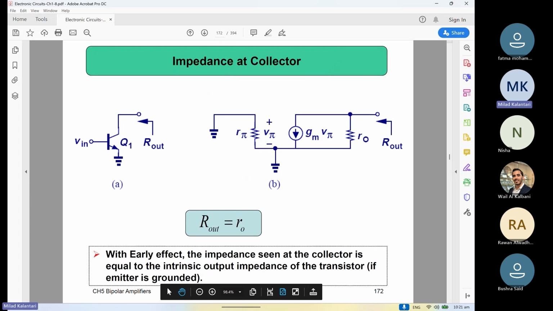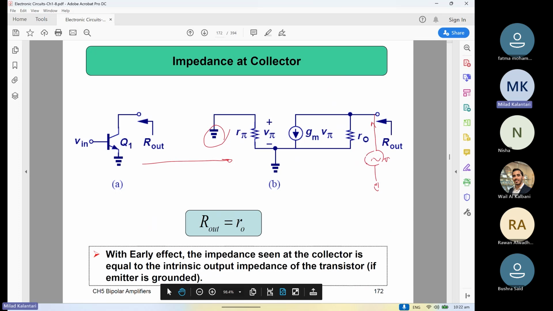So let's see what R out is for this common emitter. Again, you put in this small signal model and need to short the input. Then you put some test voltage here and see what the output current is.